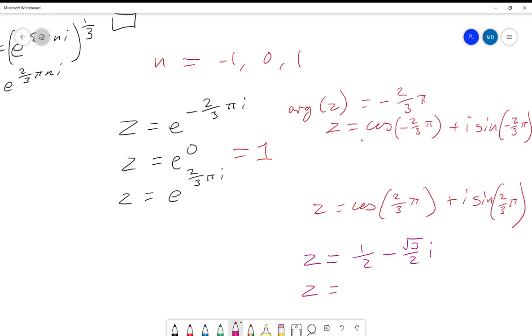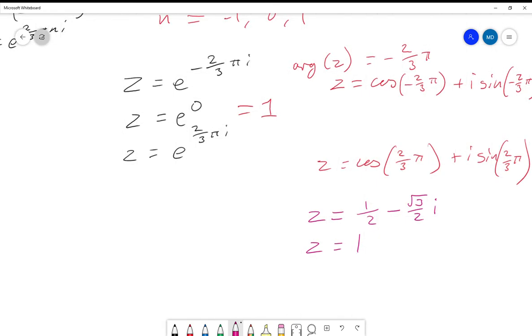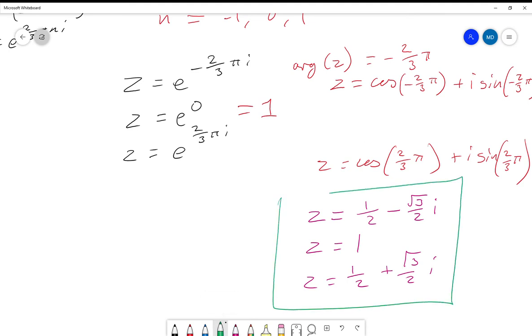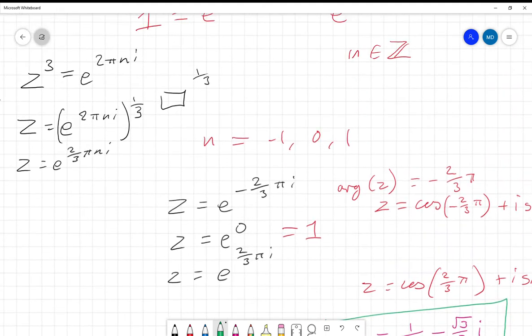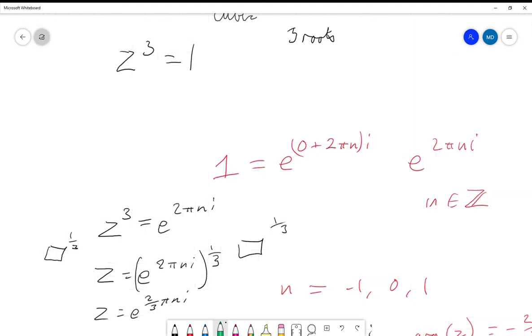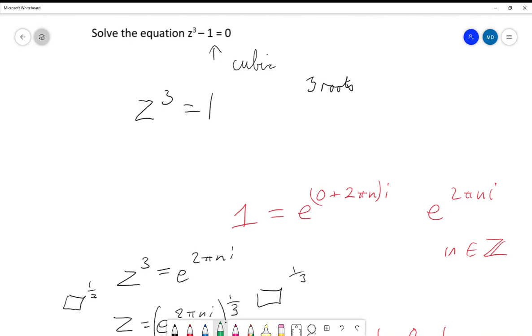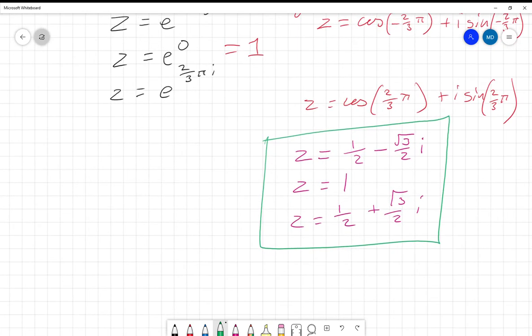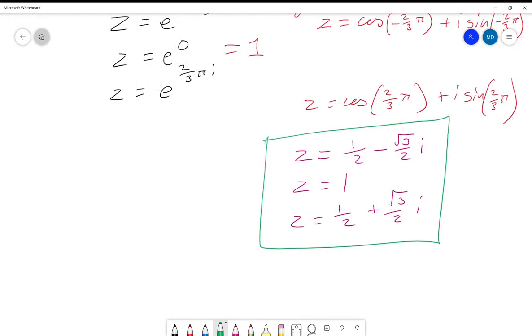So our 3 roots are z equals 1/2 minus √3/2 i, z equals 1, and z equals 1/2 plus √3/2 i. And there you have it. These are our 3 solutions. These are the 3 roots of 1, the 3 cube roots of 1. And you can test it out. You can cube these and see that they will in fact give you 1 every time.